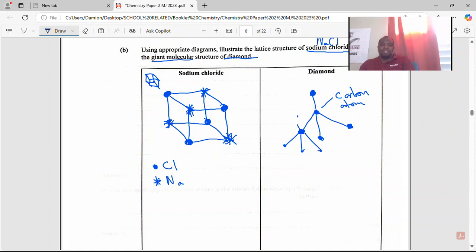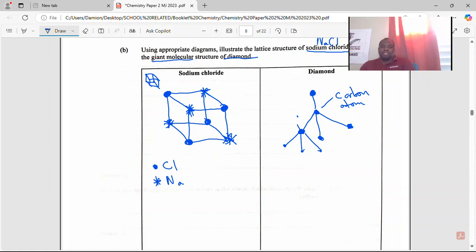And that's one of the reasons why diamond is not capable of transmitting electric current like its counterpart graphite. So we have a situation where each carbon is covalently bonded to 4 other carbons, and so there's no free electrons, no delocalized electrons, no mobile electrons, and so the diamond is not capable of transmitting electric current, but graphite can.